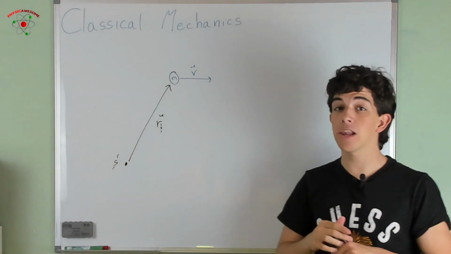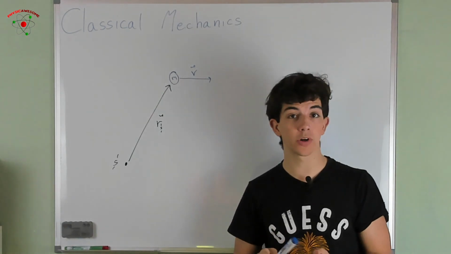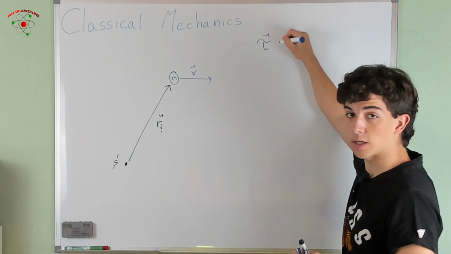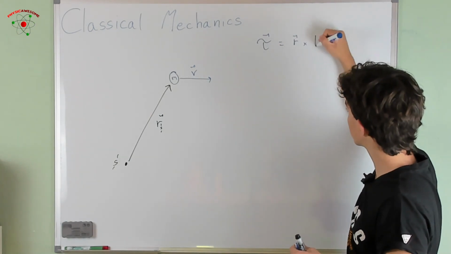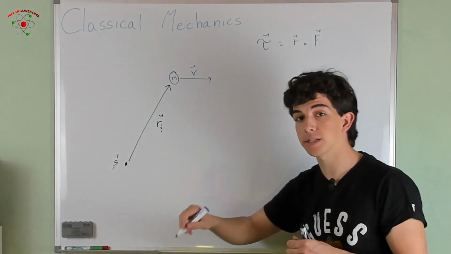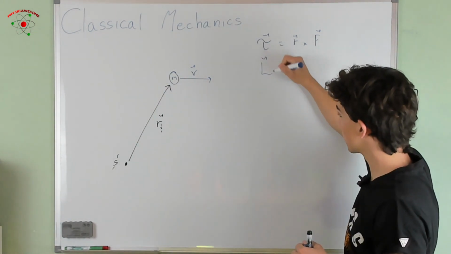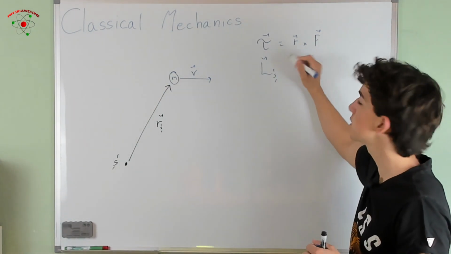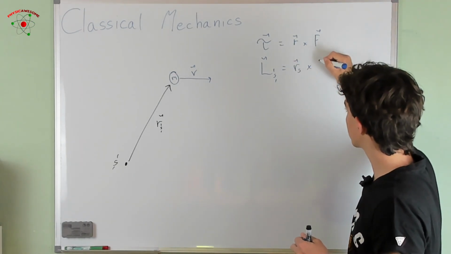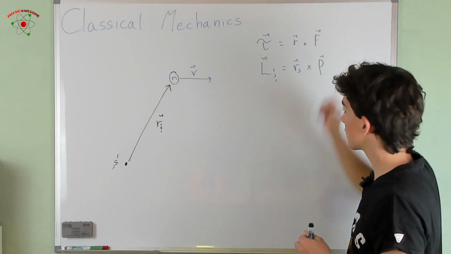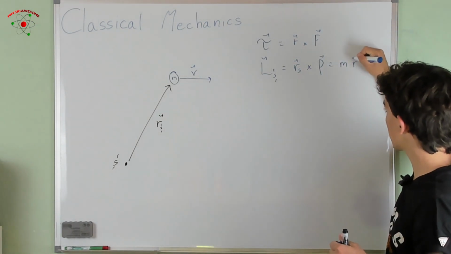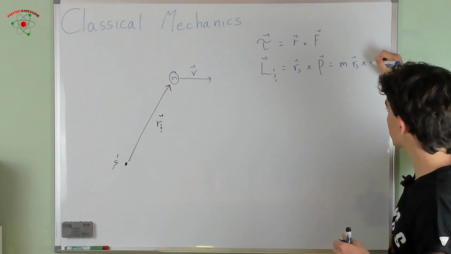Now, in analogy to how we define torque, for example, that if you remember, it's tau equals r cross F, we're going to define angular momentum through this axis to be L_s equals r_s cross p, which in this case is equal to m r_s cross v.